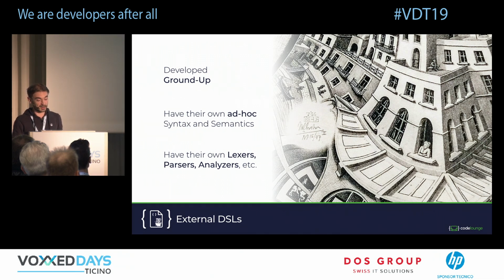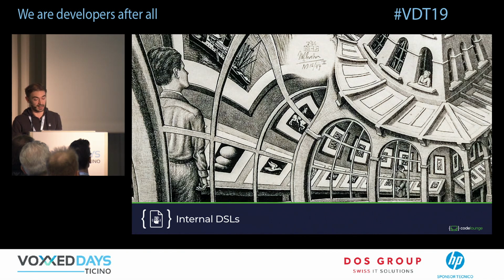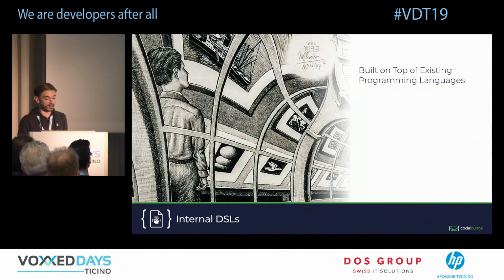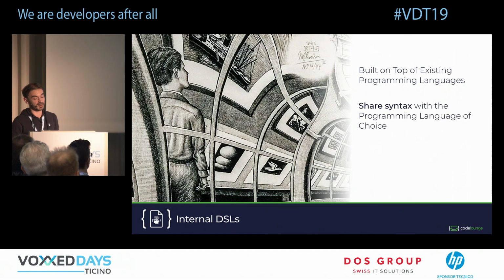But what I'm talking about today is more about internal DSLs, which are built on top of existing programming languages and share the syntax of the programming language of choice. For example, an internal DSL for Ruby, for Scala, or for Java, slightly less commonly.